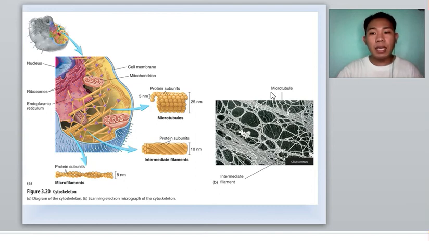This illustration shows the different cytoskeletons: the microfilaments, the intermediate filaments, and the microtubules. Notice that these three types of cytoskeletons form a framework that keeps our cell organelles intact.